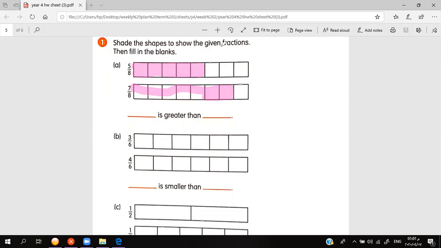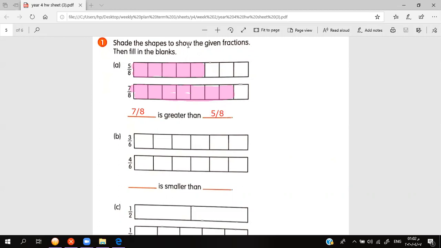Okay, here is 7 from the 8. So 1, 2, 3, 4, 5, 6, 7 from the 8. It's like that. Okay, now which is bigger, 7 over 8 or 5 over 8? Definitely the 7 over 8 is greater than the 5 over 8.